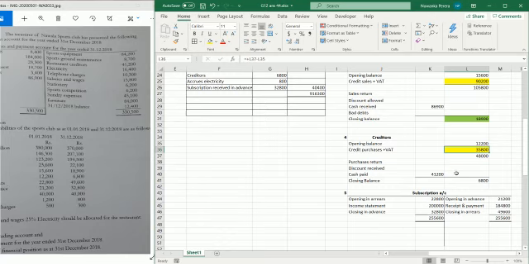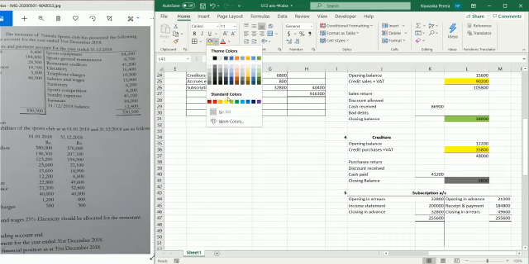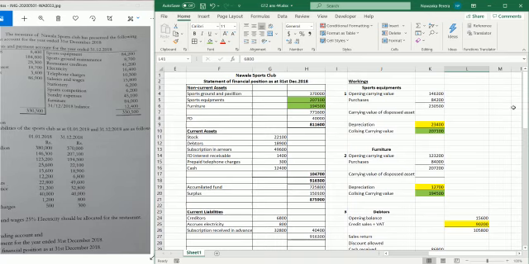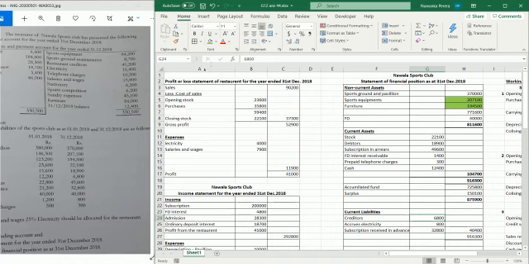And the closing balance of creditors is recorded in your statement of financial position. Here under current liabilities, I have recorded closing balance of creditors 6,800. And then in the profit or loss statement, I have recorded purchases 35,800.